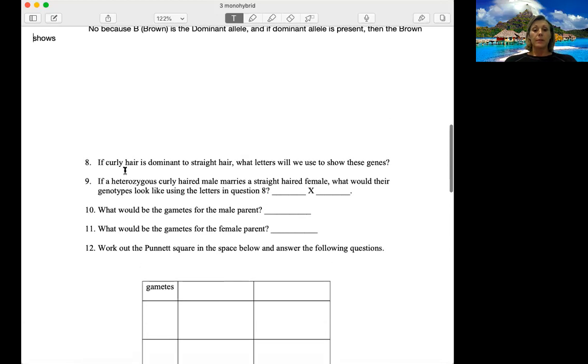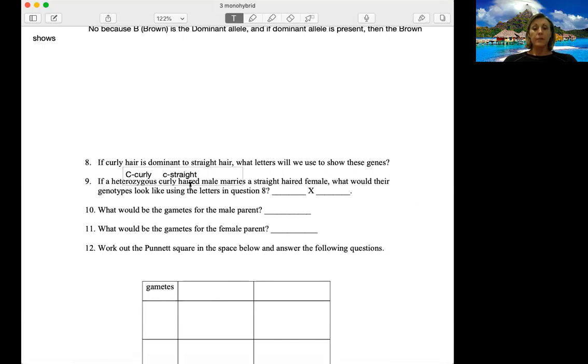All right, so if you had curly hair dominant to straight hair, what letters are you going to use? When you have dominant and recessive, use the same letter, but make sure you capitalize one and lowercase the other. So we'll use a big C for curly and a little c for straight.